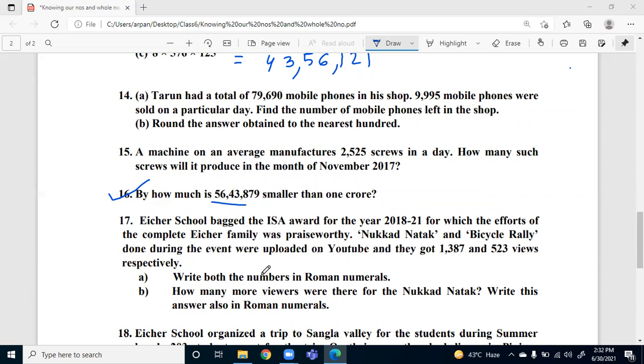First, write both numbers in Roman numerals. 523 we will write as D, 2 X's and 3 times I. And we will write 1387 as M, and M, 3 times C. Not 3 times C. Ma'am, 2.